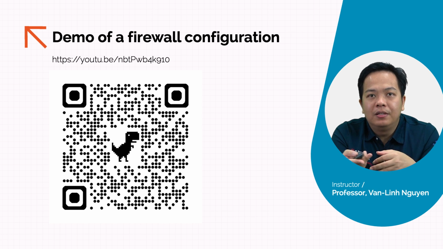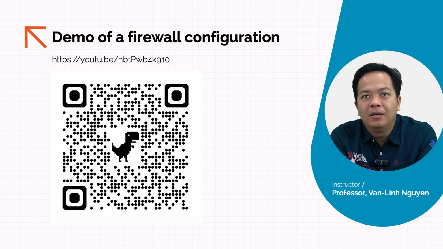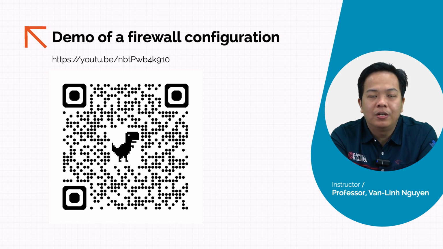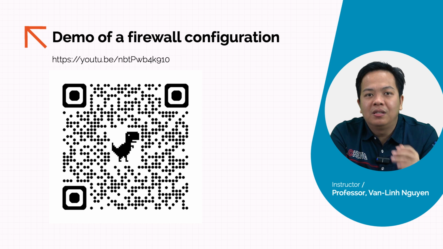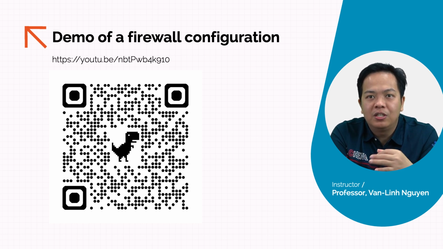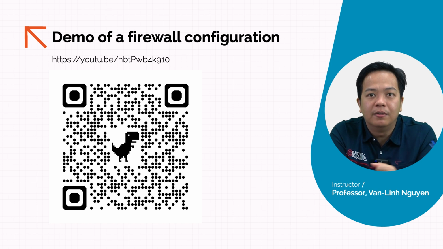I think yes, over here you can see in the video, so you can follow the firewall configuration in Packet Tracer. And one good thing based on this demo, you can configure the firewall in a Cisco router, in practice, I mean in a real Cisco router.